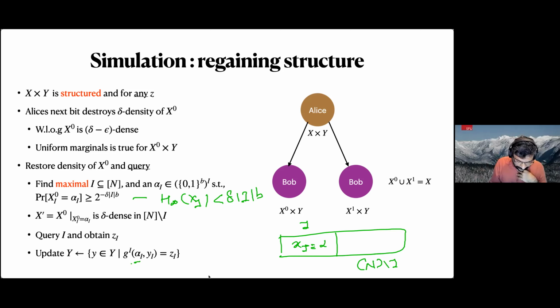So we have set xi to be alpha I, and we only keep those y in Y for which g to the I at alpha I, yi gives zi. This ensures consistency with the query answer.